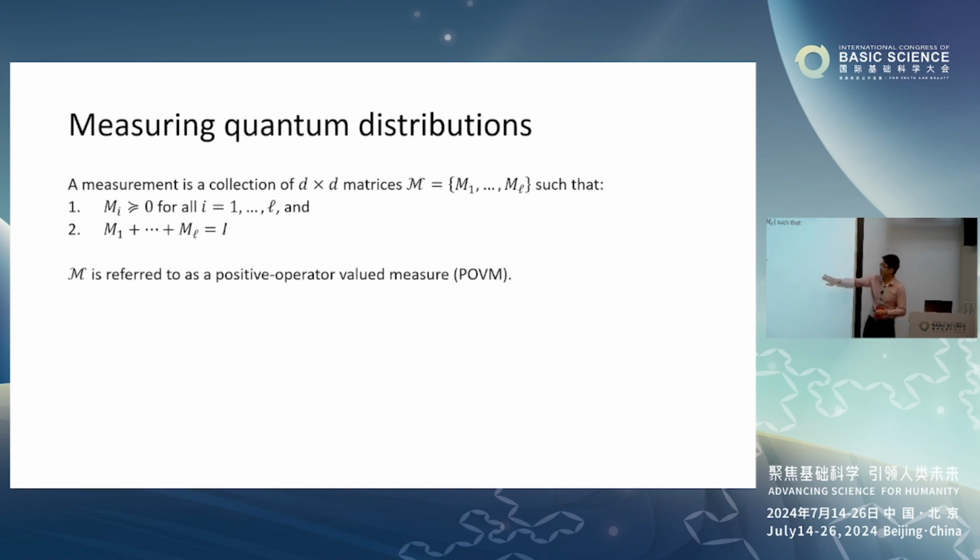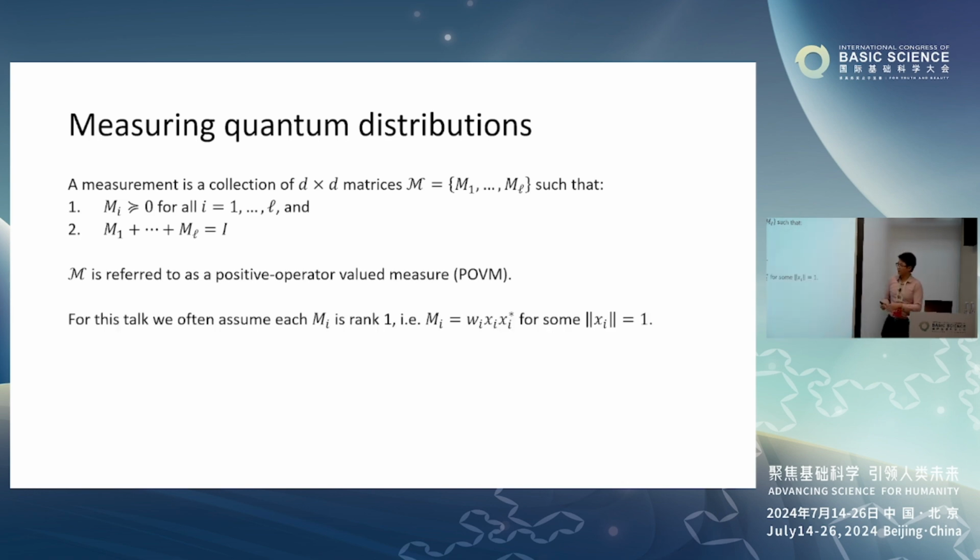So when I say a POVM for the rest of the talk, I mean a measurement. For most of the time, we're going to assume that each M_i is a rank 1 matrix. It turns out that this is without loss of generality for us, mostly. So we can think of most measurements as being of the form w_i times x_i x_i star, for some unit vector x_i and some non-negative weight w_i.